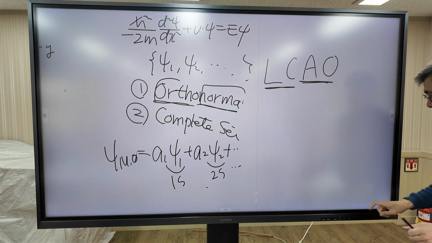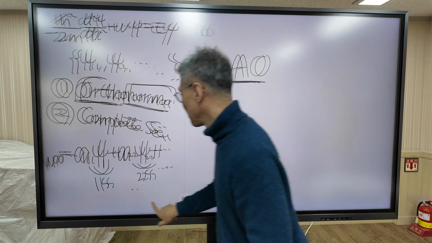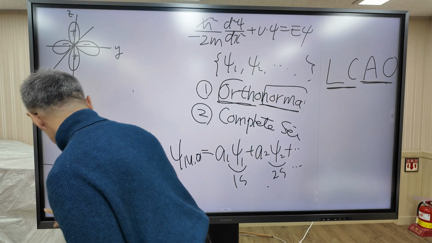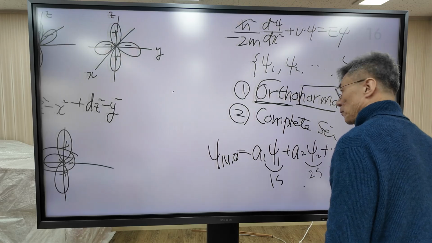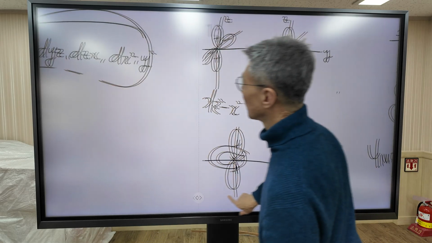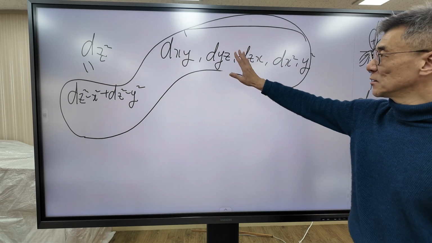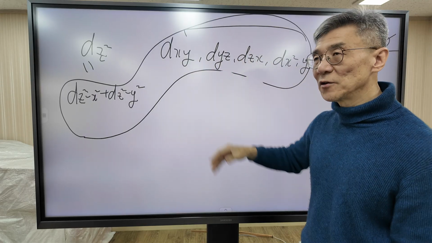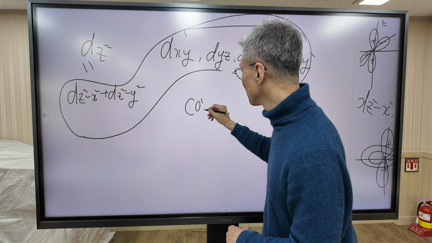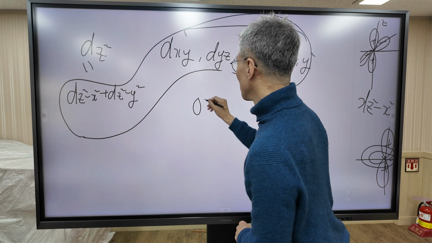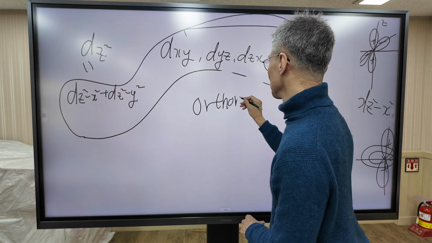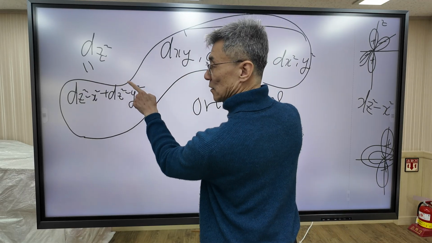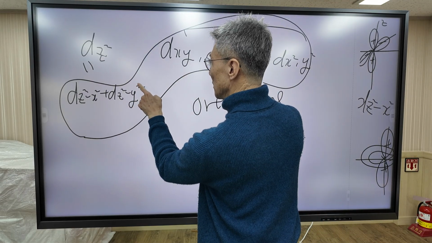Now let's move on. So why is this 6d orbital set impossible? Because, as I said before, the solution to the Schrödinger equation must satisfy the orthonormal condition. It means that if you take any two arbitrary functions and take an inner product, it must be 0.